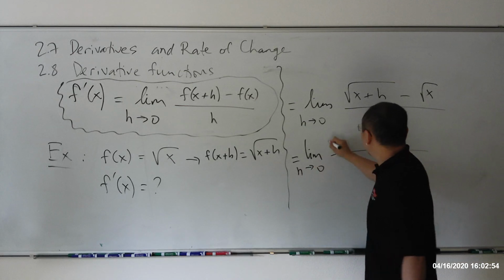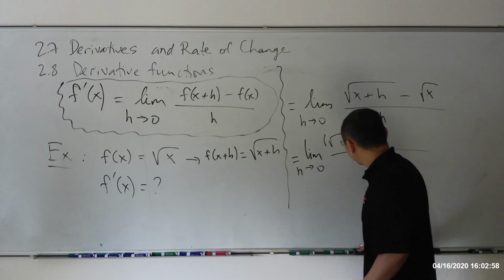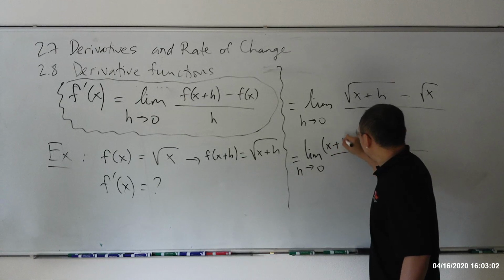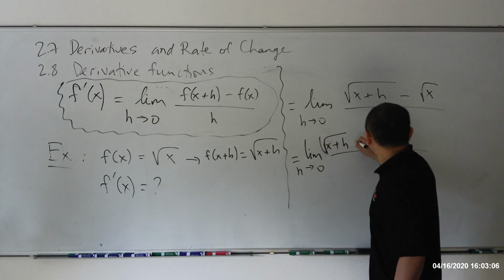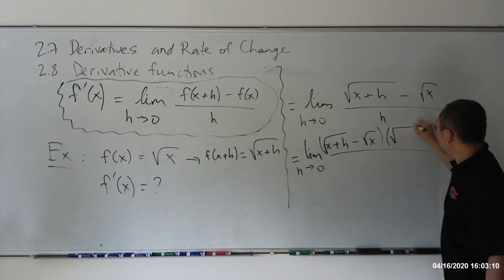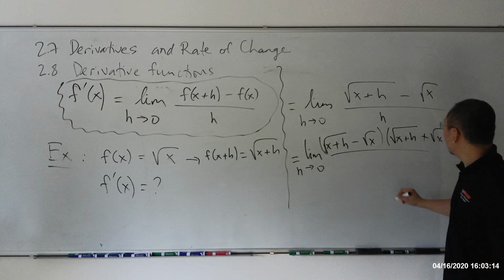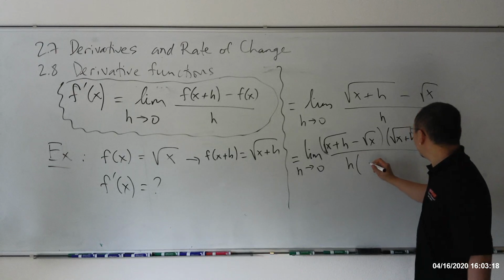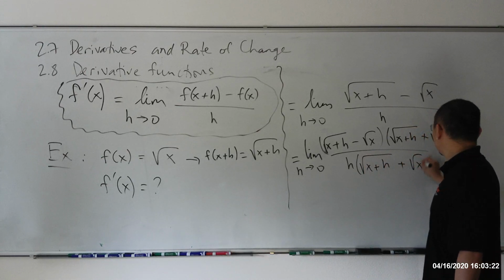The top, I'm going to multiply by the conjugate of square root of x plus h minus square root of x, which is square root of x plus h plus square root of x. And then, since I multiply by the conjugate, I've got to multiply by the same quantity for the bottom. So square root of x plus h plus square root of x.